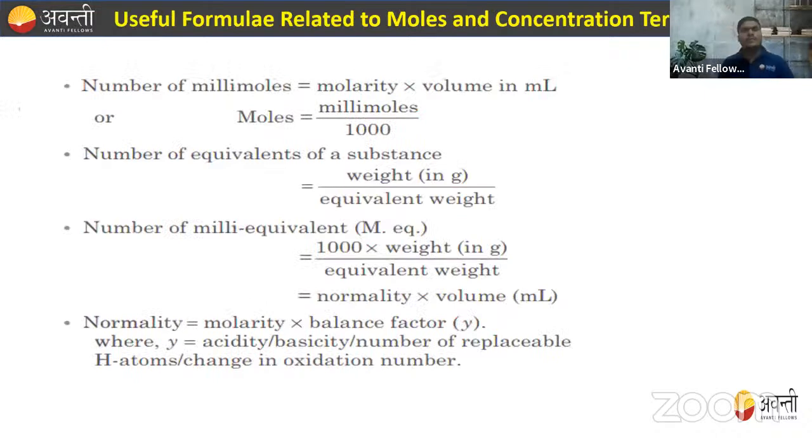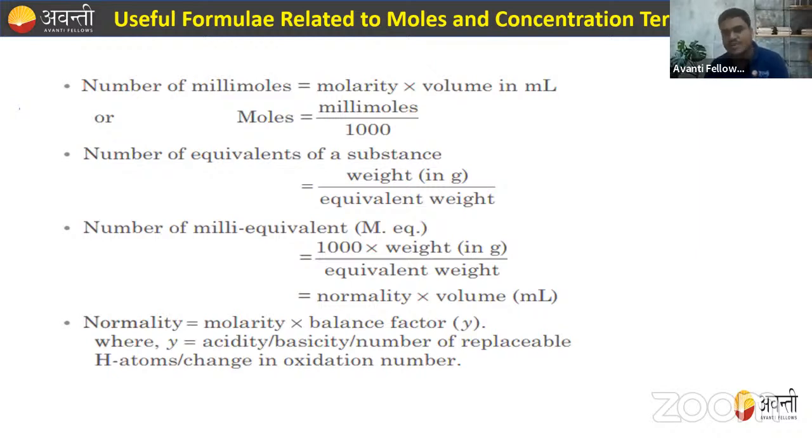Now some useful formulas related to the mole and concentration terms, like number of millimoles. So how will you calculate the number of millimoles, beta? Number of millimoles is equal to molarity into volume in milliliter. Or we say moles is equal to millimoles divided by 1000, right? Similarly, the number of equivalents of the substance is equal to weight upon equivalent weight.